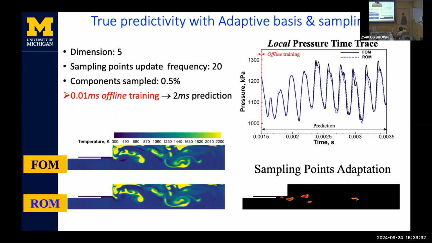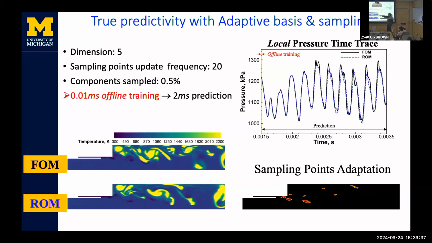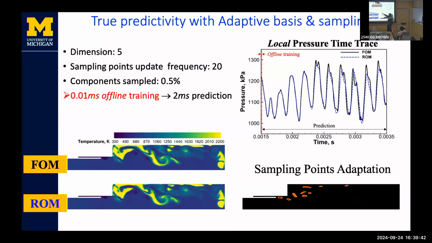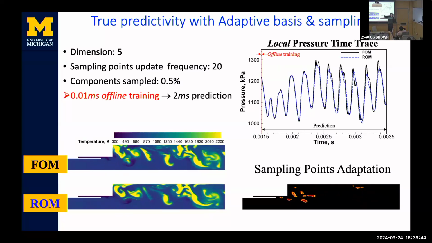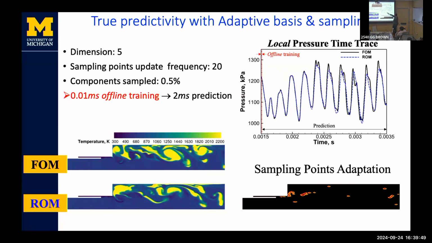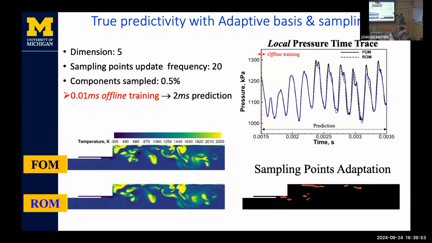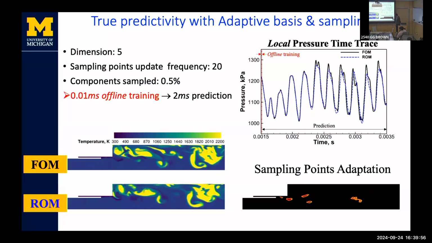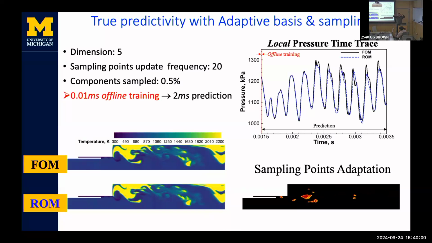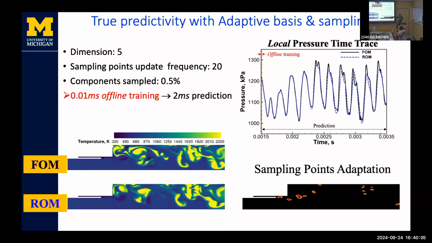Okay, so now here is how it works. In this case, it's this rocket combustor. This is the data that we use for training to construct the initial basis set, and then in the rest of the region, we are predicting. So this is your training region, and this is your prediction region. These red points or red regions are where you are evaluating the full order solution operator, and that's how you get the cost reduction.